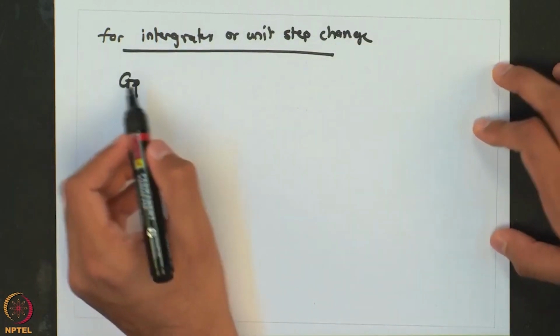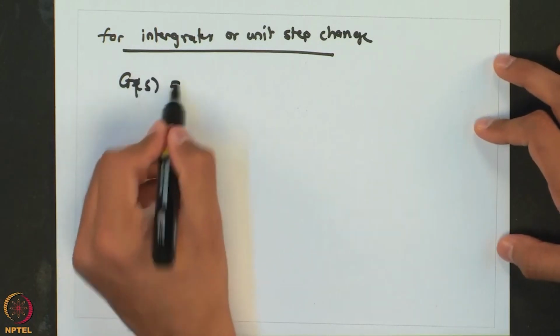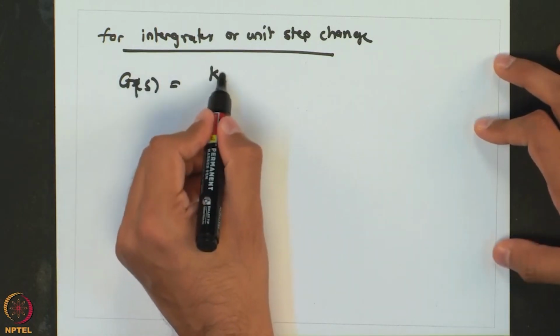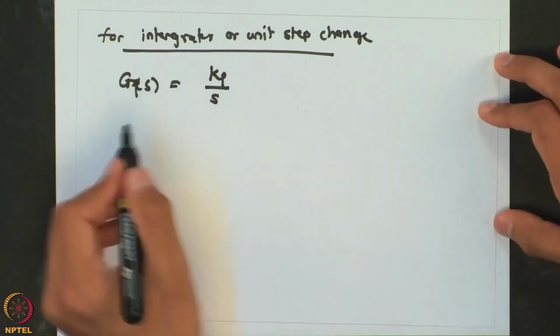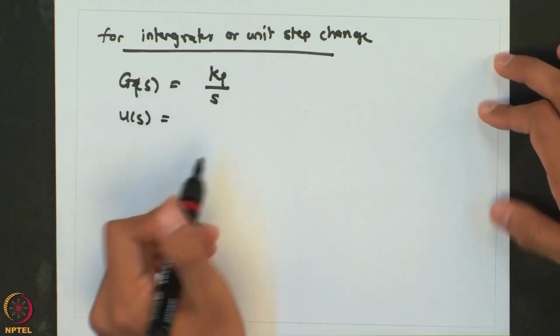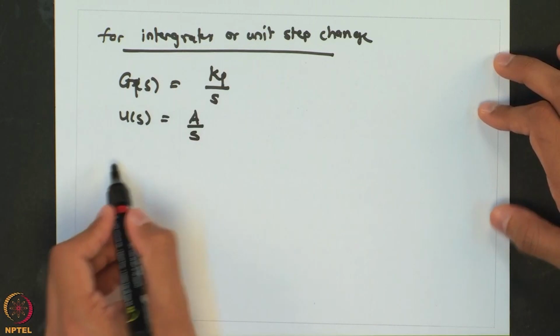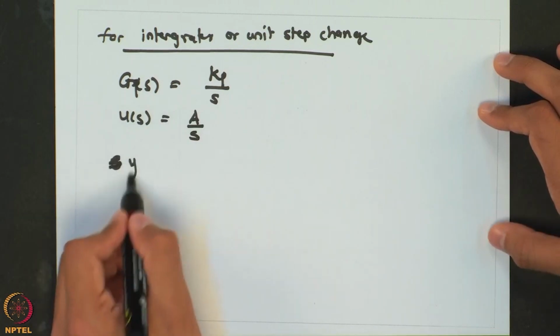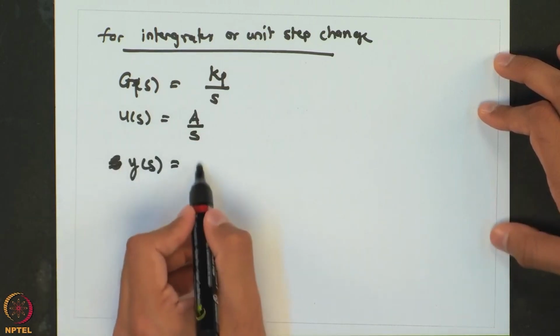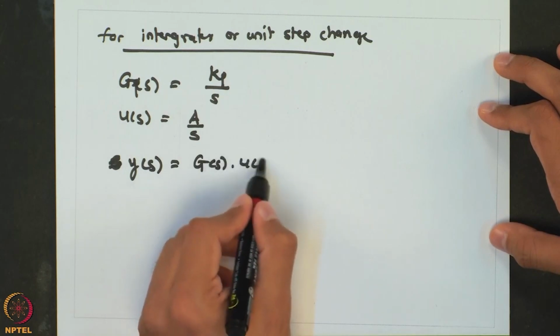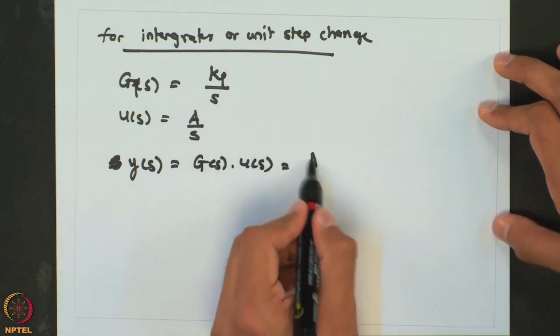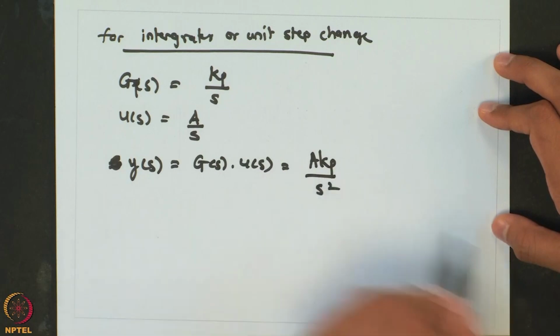We have the process transfer function G of s equal to Kp over s. We will take U of s as A over s. So, we have Y of s equal to G of s times U of s, which gives us AKp over s square.